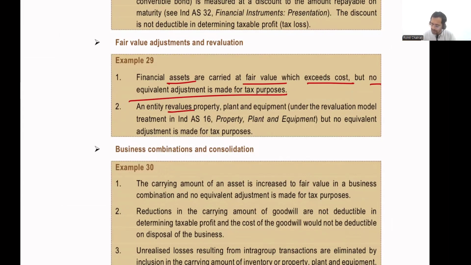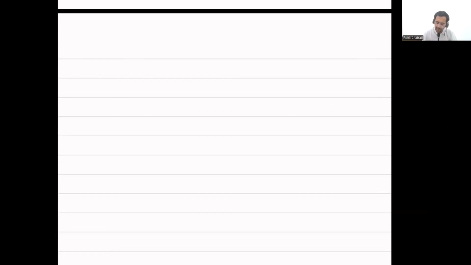An entity revalues a property, plant, and equipment under the revaluation model treatment in Ind AS 16, but no equivalent adjustment is made for tax purposes. We actually saw an example of this. Let's say we had the carrying amount of a machine as rupees 1 lakh, and hypothetically, the WDV of the machine as per tax is also 1 lakh.